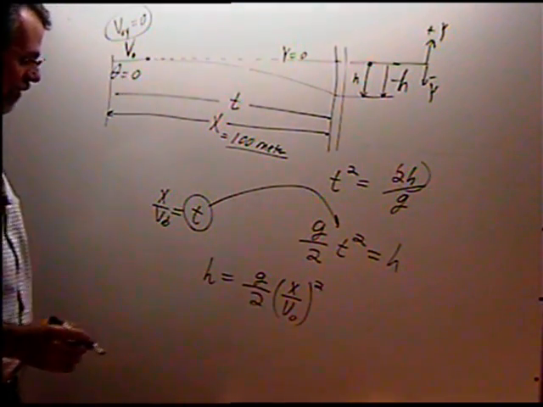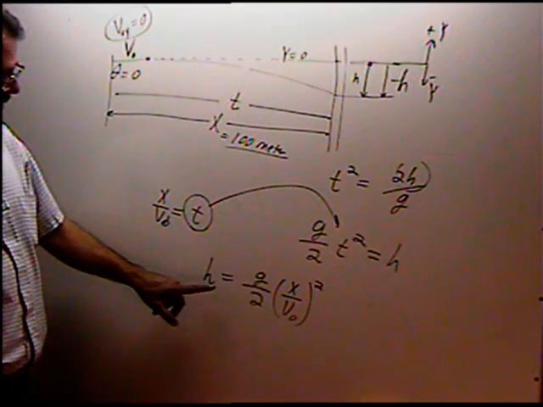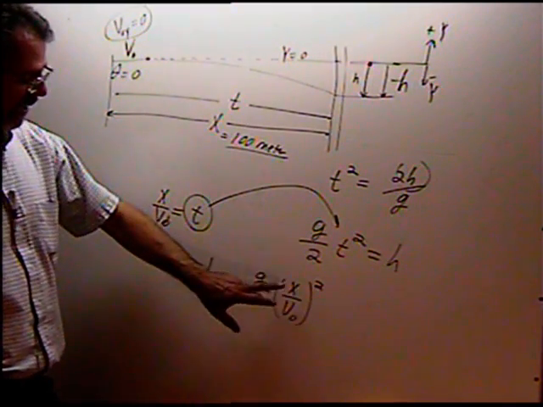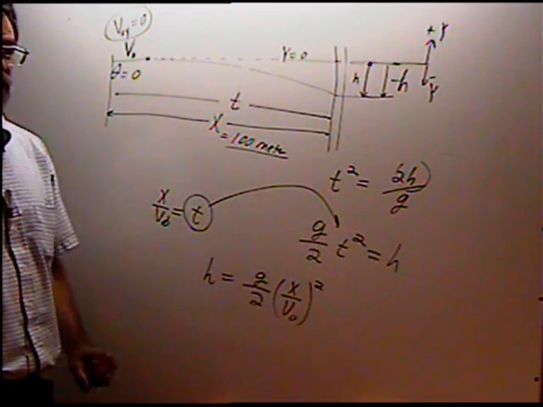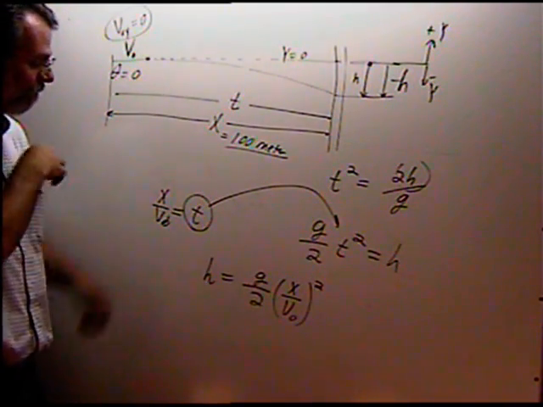So here would be an equation where we can solve directly for h. We take g divided by 2 times x divided by v0, squared.